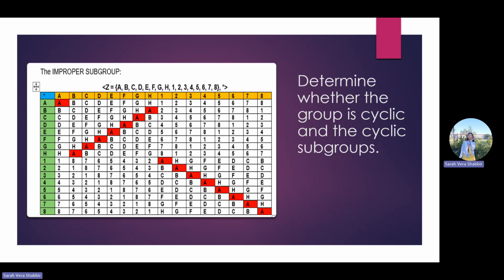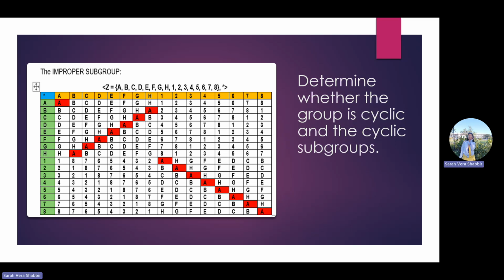But first, let's define how we can verify if it is cyclic or not. To tell if a group or subgroup is cyclic, it must be abelian and it must have at least one generator.